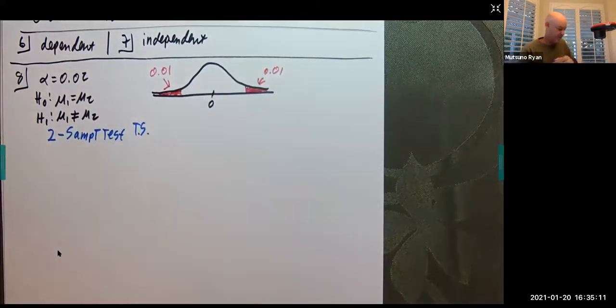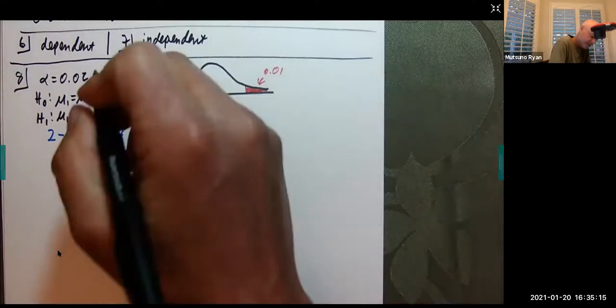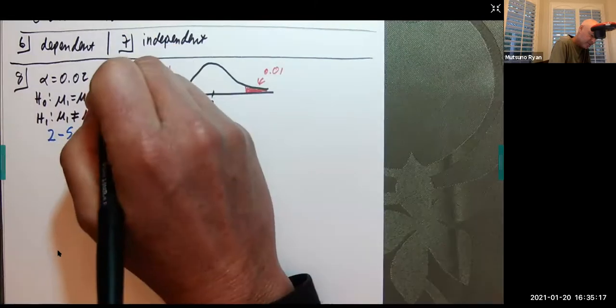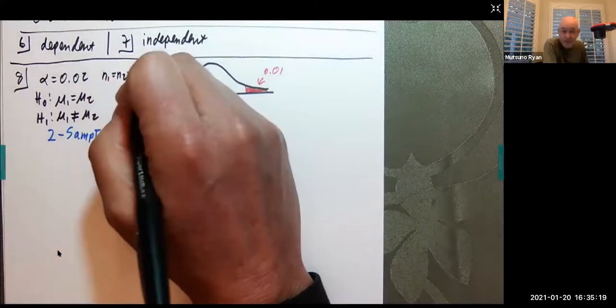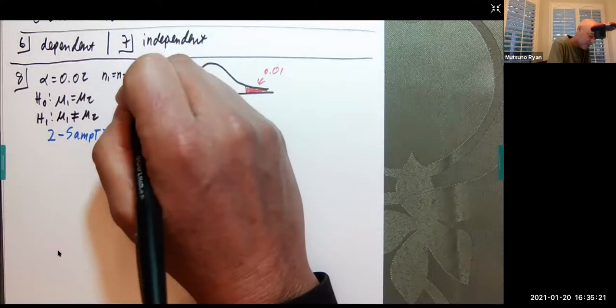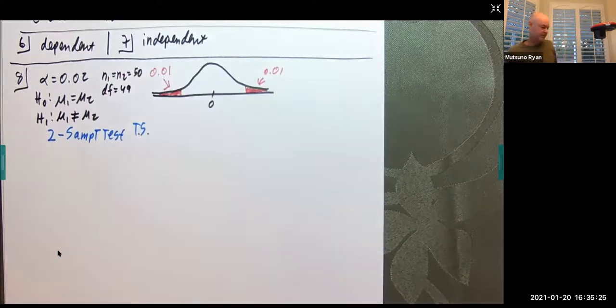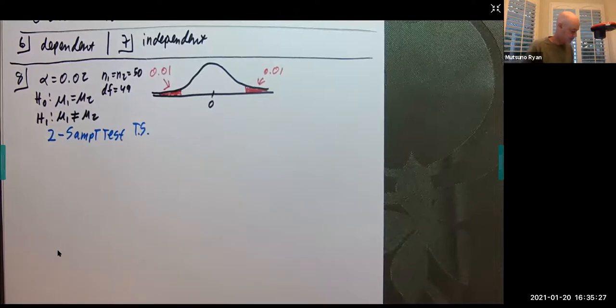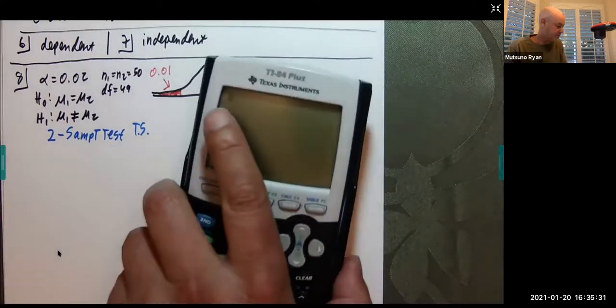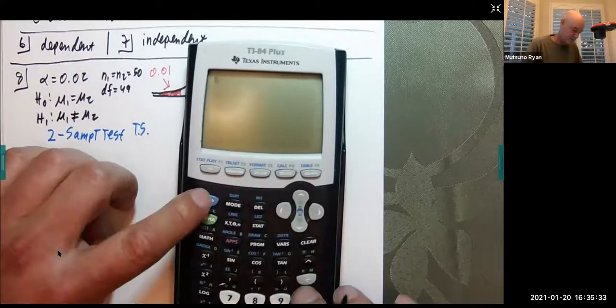Before we do that, though, n sub 1 equals n sub 2, which is 50, which means our degrees of freedom is going to be 49. So I'm going to have to use inverse t in this case.